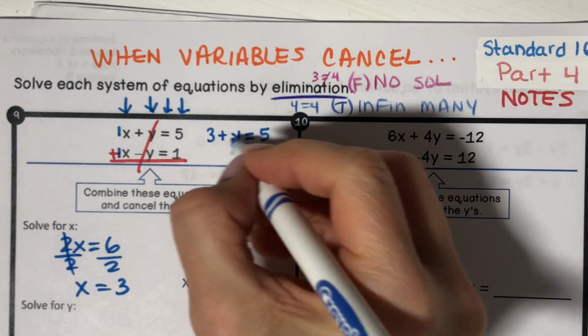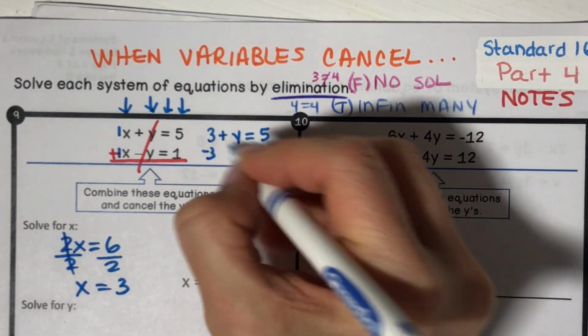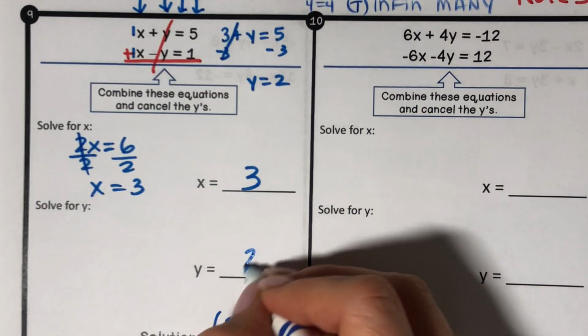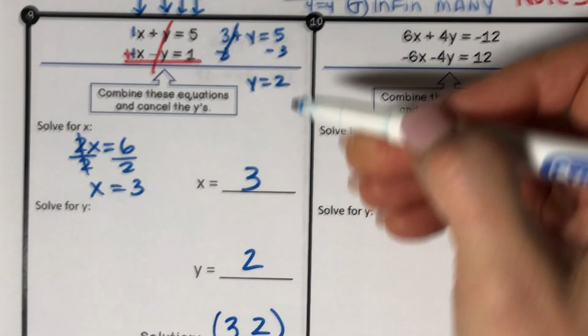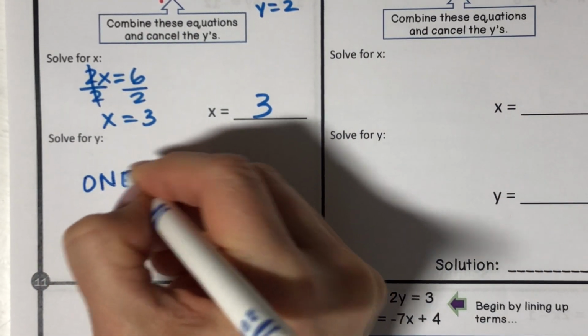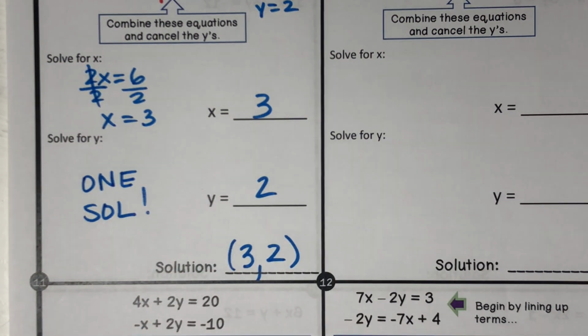I have to add 2 to it. So if I were to graph these two equations, they would meet at the point (3, 2), which means how many solutions do they have? 1 solution. Okay? Easy peasy.